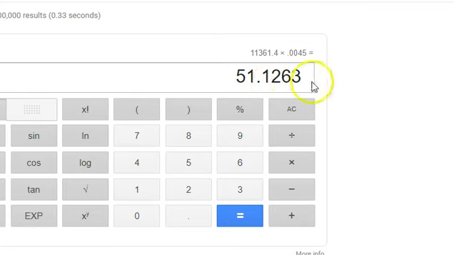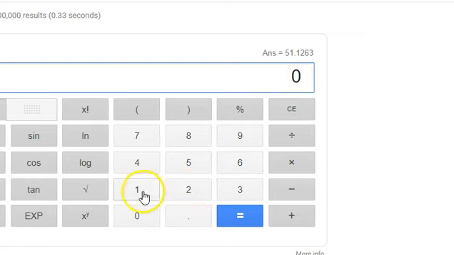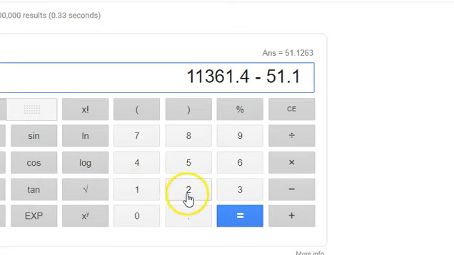So going back to the calculations here, we have 113.61.4 and 51.12 is what it needs to be below. So what I'm going to do is take that 113.61.4, which is where it was at midnight, and then minus the 51.12.